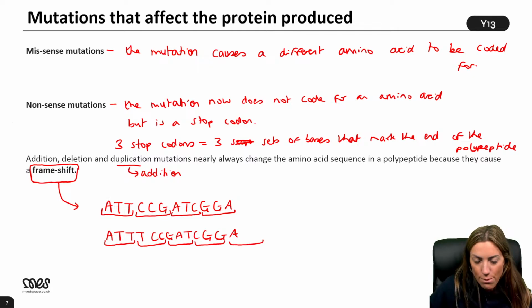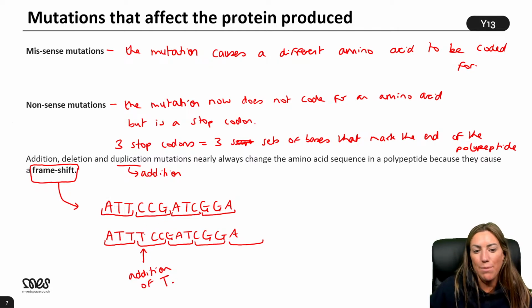Grace says all the bases after the mutation move. Yeah, what I've tried to do here is I've added in a base. I've added in thymine. And can you see, because I've added a base in, all the subsequent triplets, or you can call them codons, it's up to you, are now different because we've added a T in.